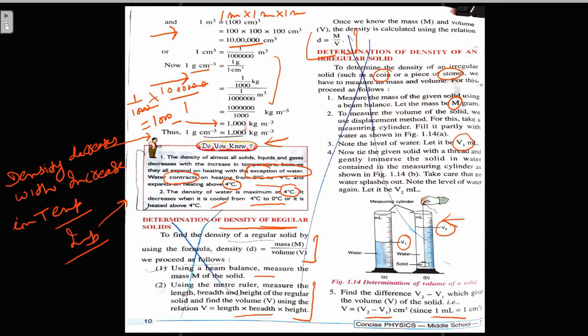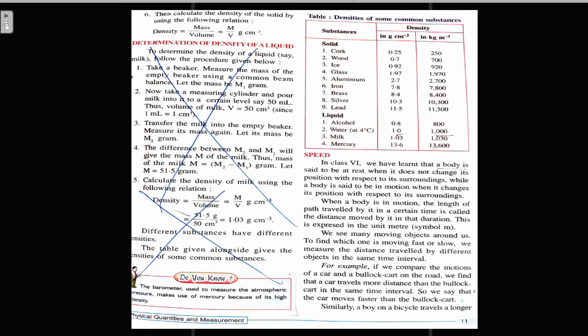As we know 1 ml equals 1 centimeter cube, therefore we can calculate its density d by mass upon volume, right? So this is the process of calculation of density of an irregular solid. This is the formula.